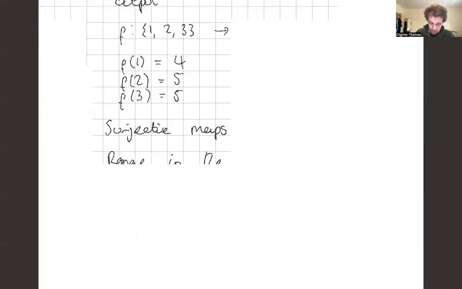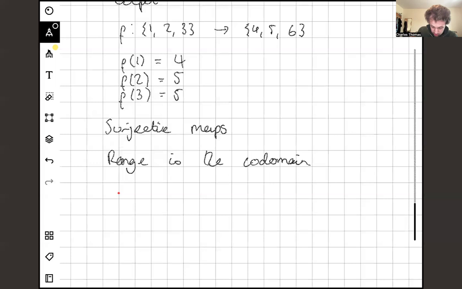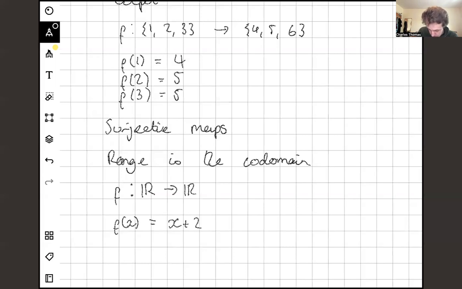So the function f from the real numbers to the real numbers, that is f of x is x plus 2, is surjective. I can reach any possible output with the correct input.